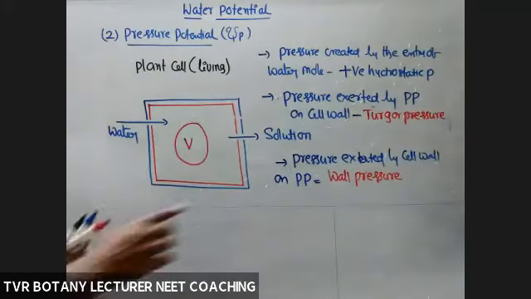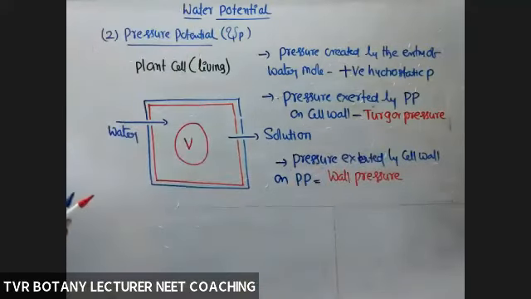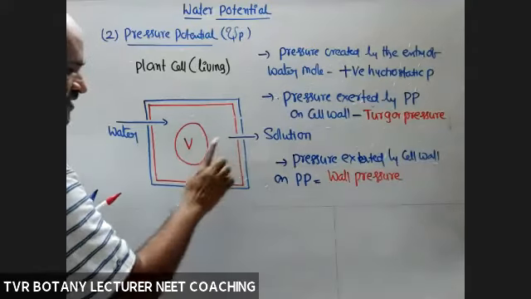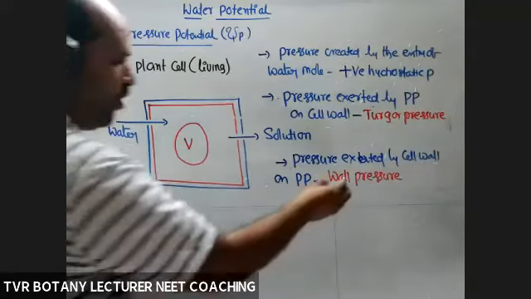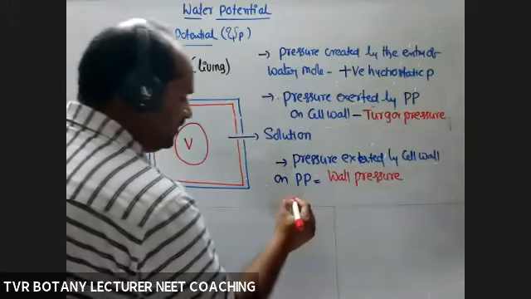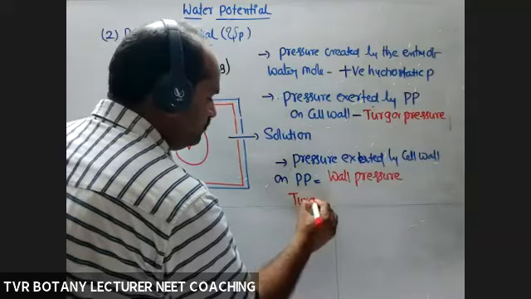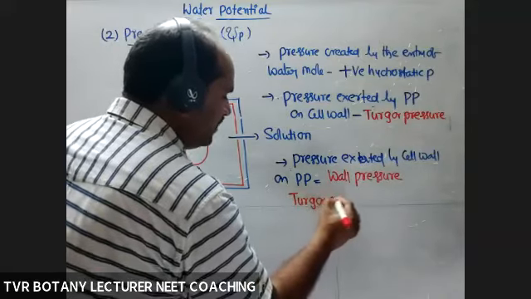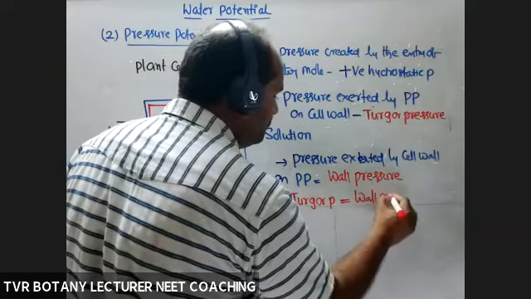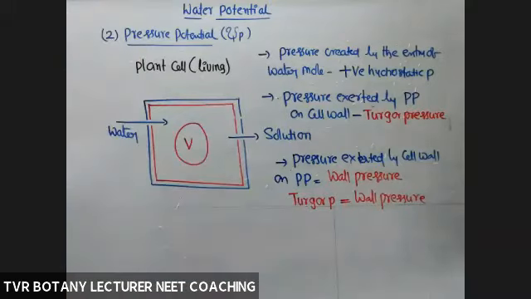Okay, so turgor pressure and wall pressure are opposite to each other. Turgor pressure acts on the cell wall, meaning from center towards periphery. Wall pressure acts against that one. So the amount of turgor pressure is equal to wall pressure, numerically the same.